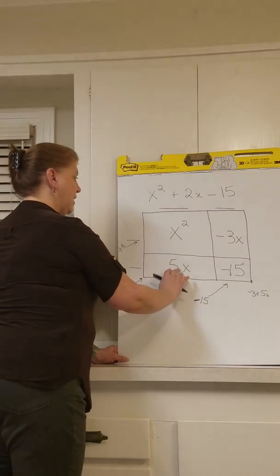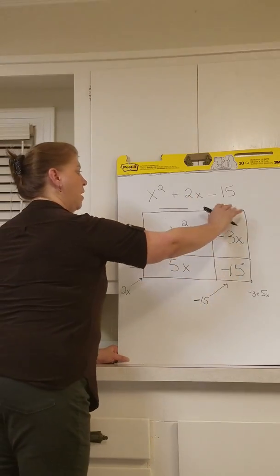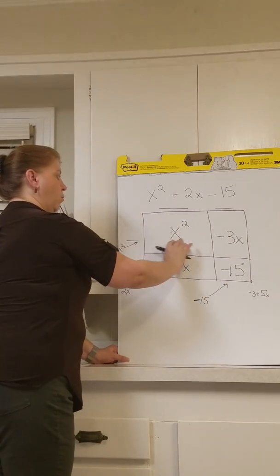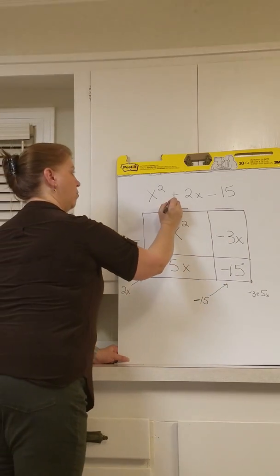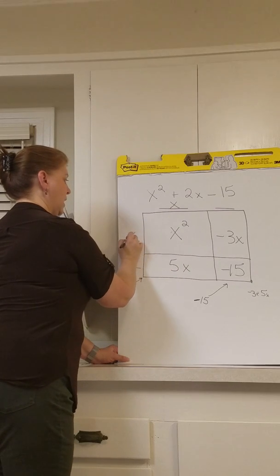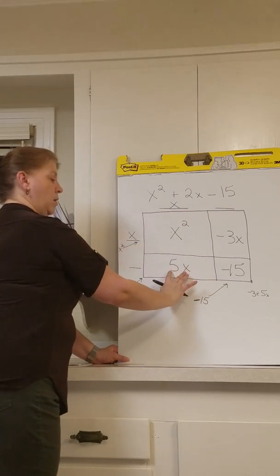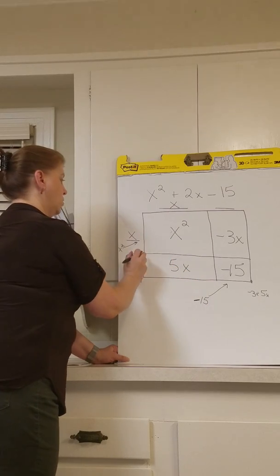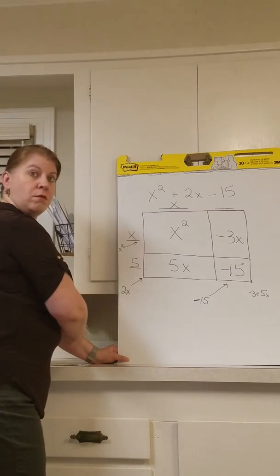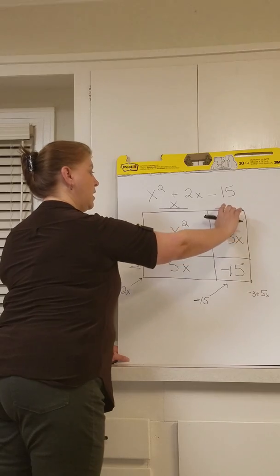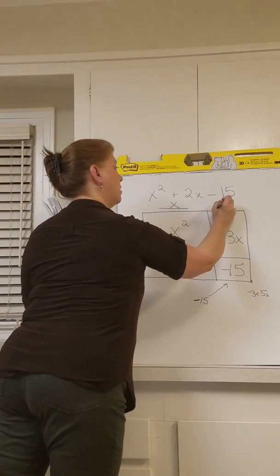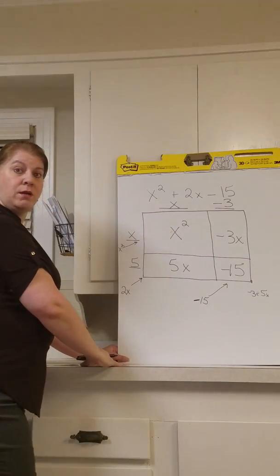So in that case, let's see, what are my numbers that go in these pieces? What goes in these blanks? What gives me an x squared? Well, x times my x gives me this x squared. How do I get my 5x? X times 5, so a 5 goes here. What number goes here? X times what number gives me negative 3x? That gives me a negative 3.